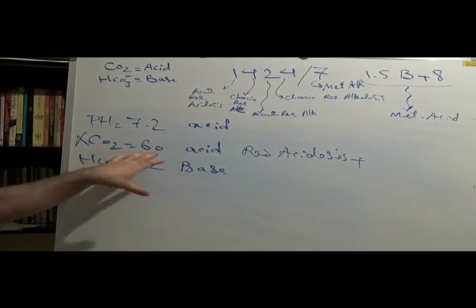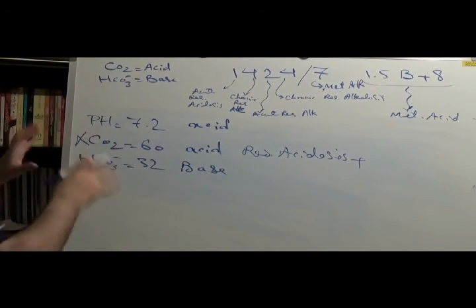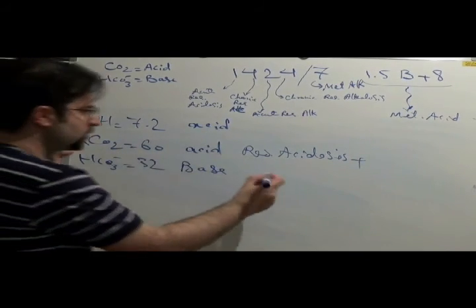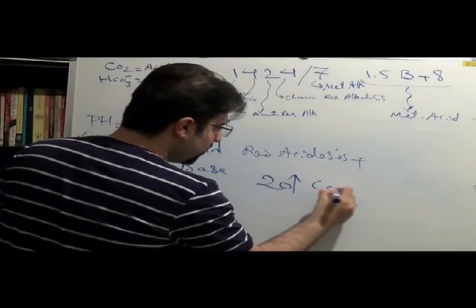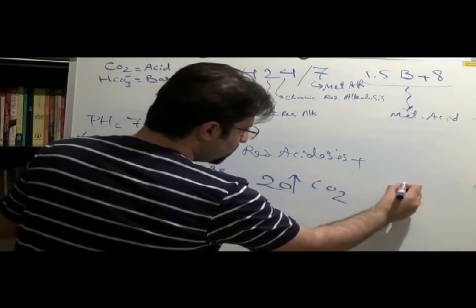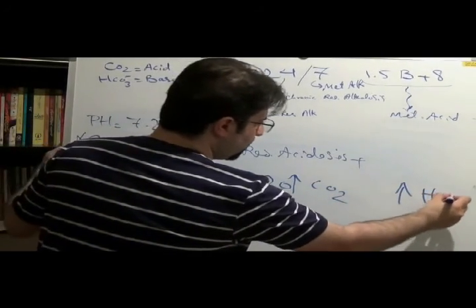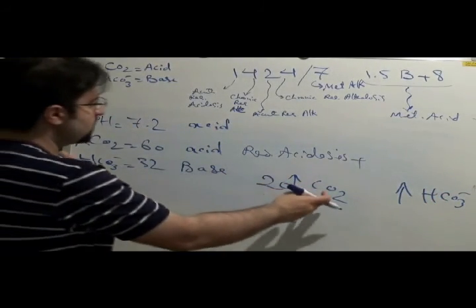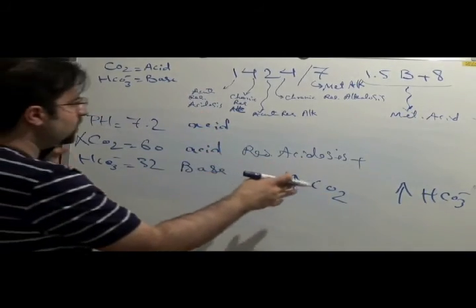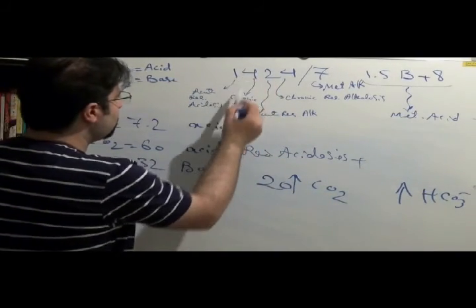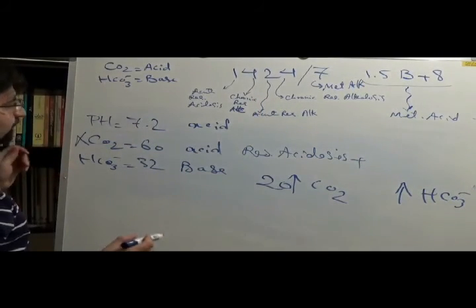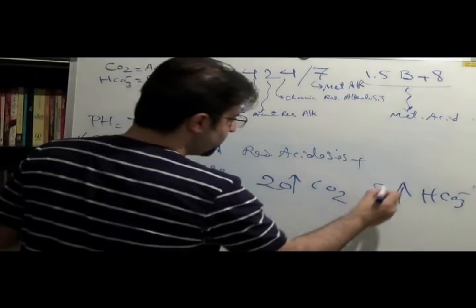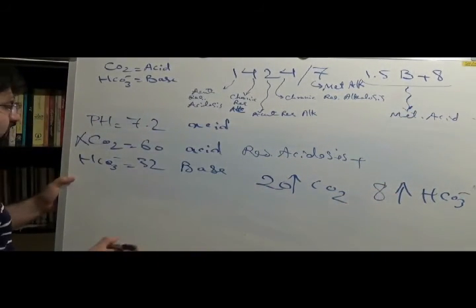Now the CO2 is, as I said in our examples, chronic. Suppose that it's chronic. So we have a 20-point increase in CO2, so some point increase in HCO3 minus, bicarbonate. Chronic respiratory acidosis is 4. 2 times 4 is 8, an 8-point increase in bicarbonate.